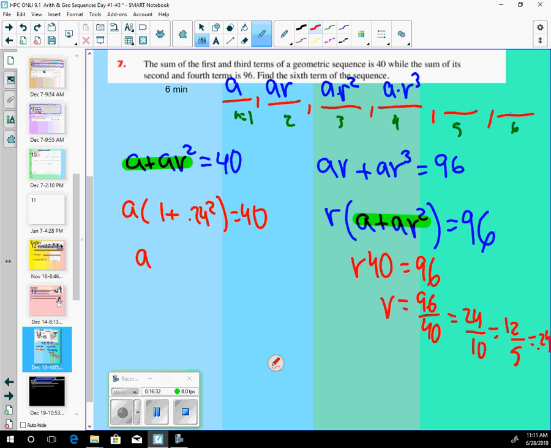So you can get A is equal to 40 over 1 plus 2.4 squared. That'll give you your A, you know your R, you can find the fifth, and then eventually the sixth term. If you just want the sixth term, you just plug those in to AR to the fifth.